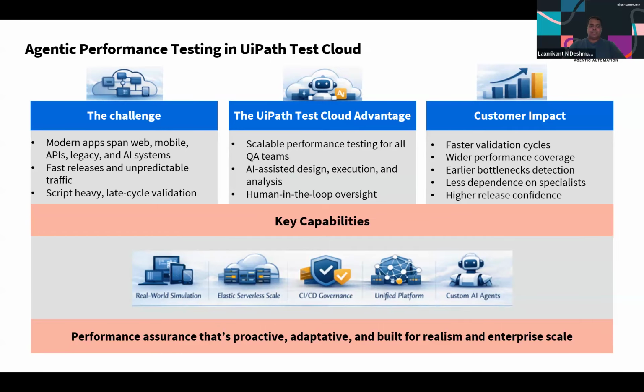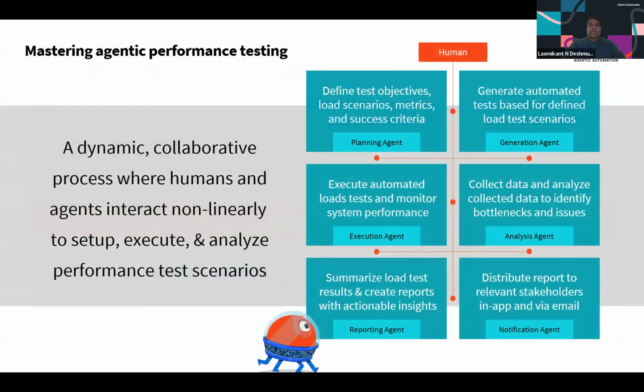We can help you build custom agents, and if we have to master agentic performance testing, our approach is a very dynamic and collaborative process where the human user and the pre-built agents interact non-linearly to set up, execute, and analyze the performance test scenarios.